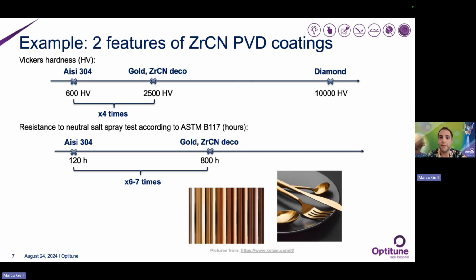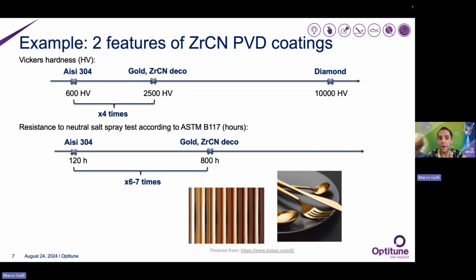We can see that with this mixture we can obtain a particular coating which can be applied, for example, on stainless steel. And this can actually lead to an improvement and an increase in terms of hardness of the surface itself.